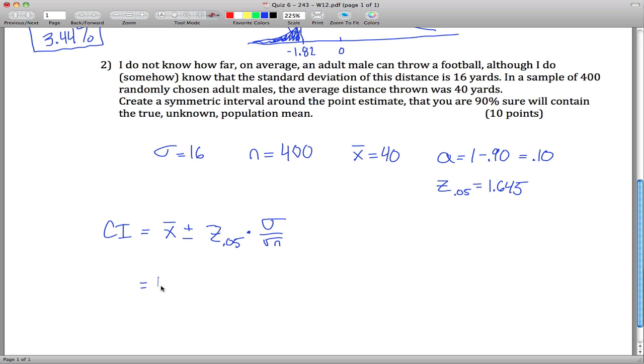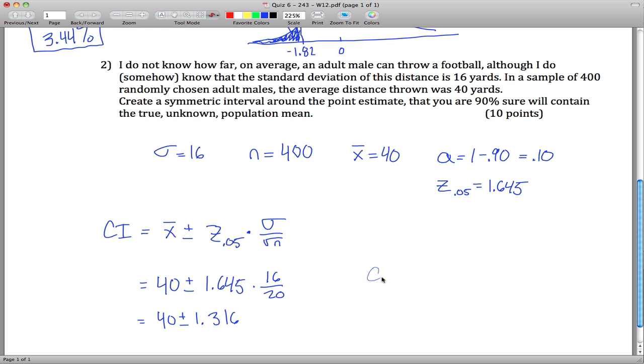Plug in the numbers, you get 40 plus or minus 1.645 times 16 divided by 20. The margin of error is 1.316.